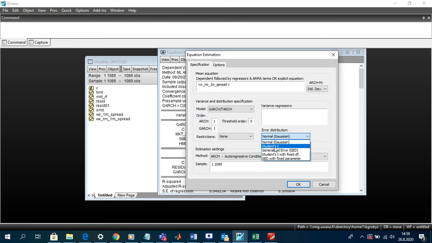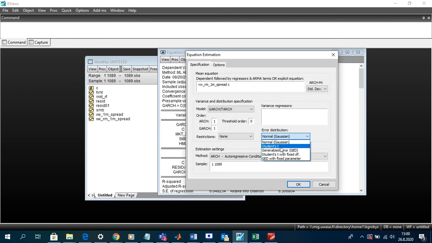We know that the Student's t distribution depends on the degrees of freedom, and if we choose this option in EViews, Student's t, then EViews gives us the optimal degrees of freedom. It searches for the number of degrees of freedom that fits this residual process the best. And we know a t distribution has fat tails.